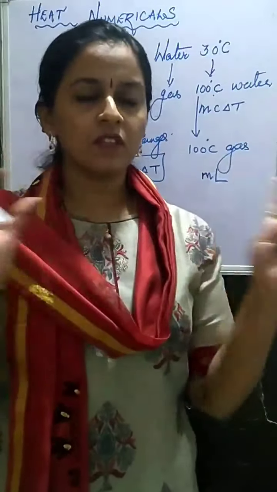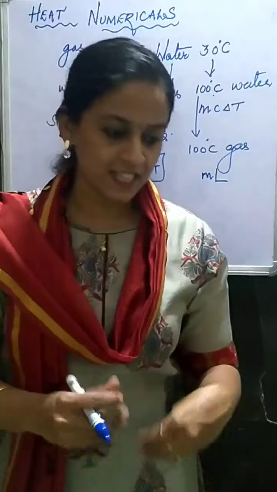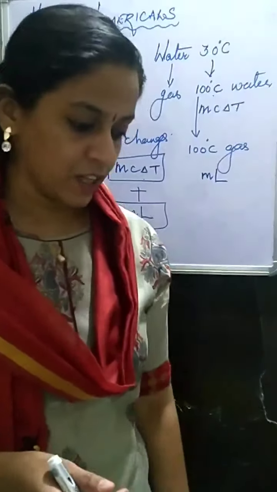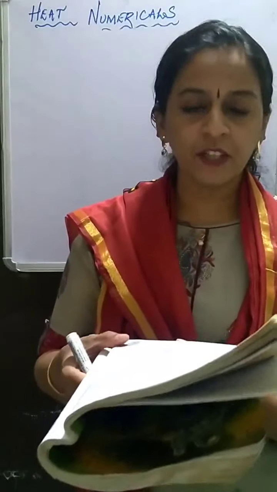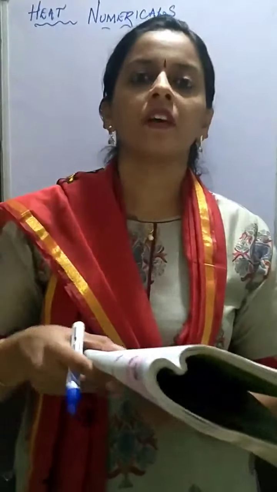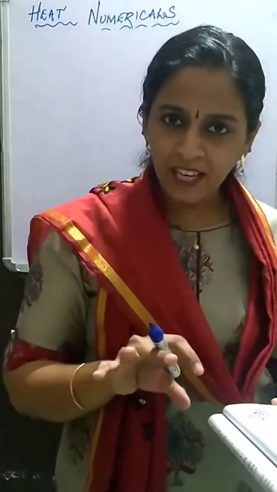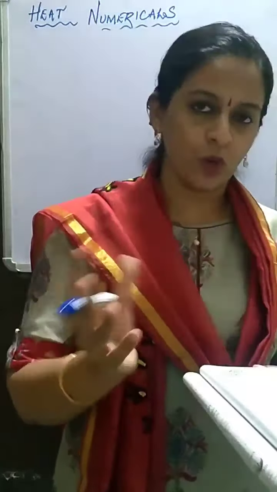So with this prior knowledge, let us take the first sum given in the textbook. Let's take the first numerical. Equal heat is given to two objects A and B of mass 1 gram. Equal heat, Q for heat. Mass is also the same, so this is an easy sum.